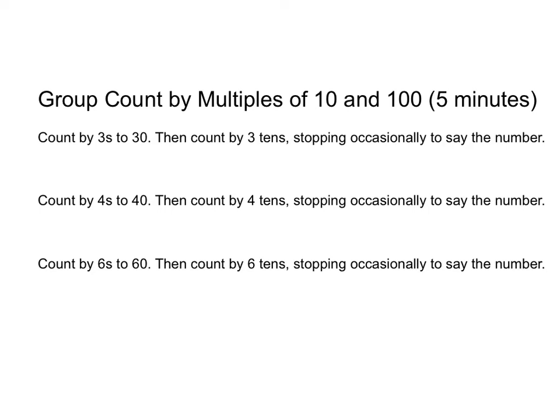And I will stop you sometimes and say, okay, what is that number? All righty, here we go. 4 tens, 8 tens, 12 tens, 16 tens, and what is that? 160. 20 tens, 24 tens, 28 tens, which would be 280, 32 tens, 36 tens, 40 tens, and 40 tens is 400.